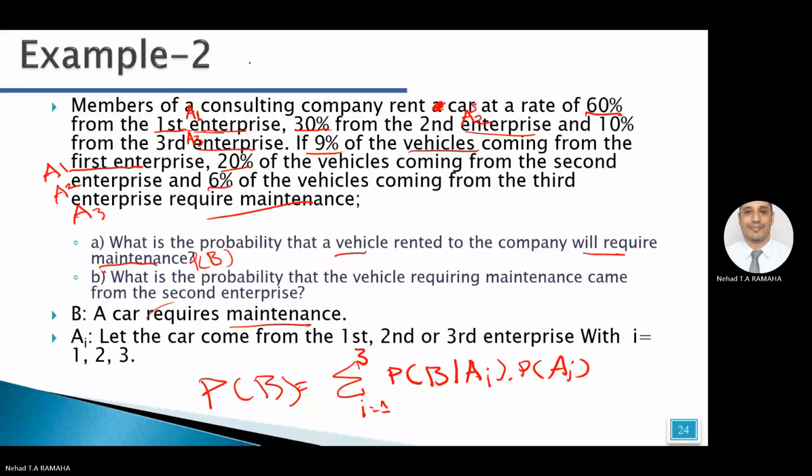So this is the given information for you: probability of A1, A2 and A3, and the probability of B given A1, probability of B given A2, probability of B given A3. All this information is given to you in the question.